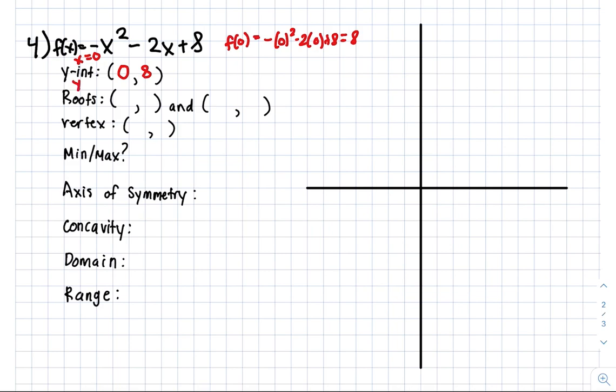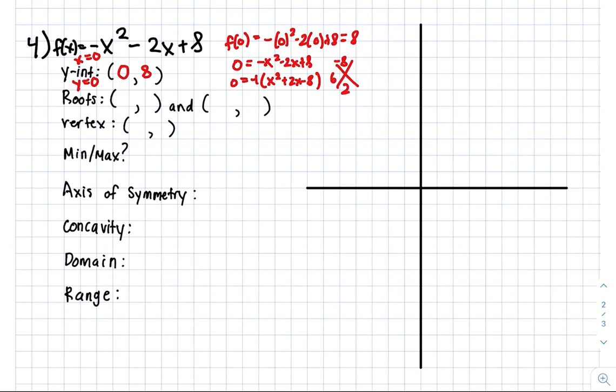Now for roots, remember roots is the same thing as x-intercept, which is the same thing as zeros. So all of them are the same. And you know your roots is y equal to 0. So let's substitute f of x for 0, and then let's solve. I'm going to factor out a negative 1 from each: x squared plus 2x minus 8. Factor. Up top is negative 8, down low is 2. Two things that multiply to negative 8, but added together give you 2.